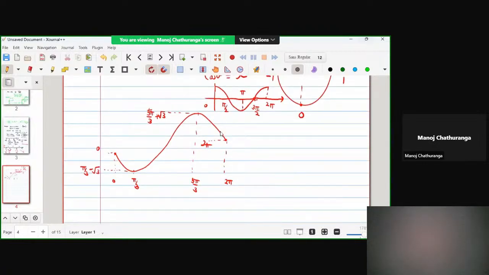We know how the function behaves. Between 0 and pi by 3, the function is decreasing. That's why it has a negative derivative. Then from that point to the other critical point, 5 pi by 3, the function is increasing.